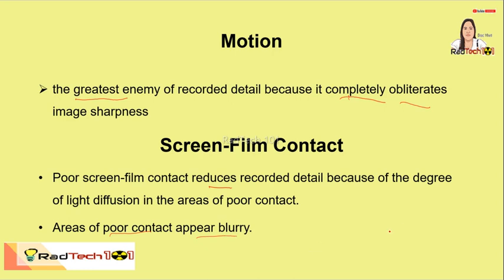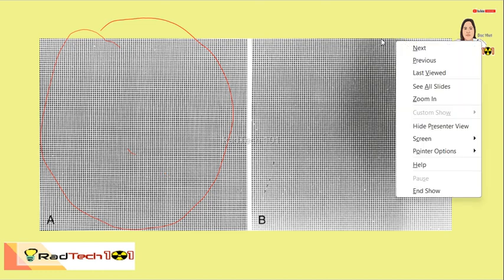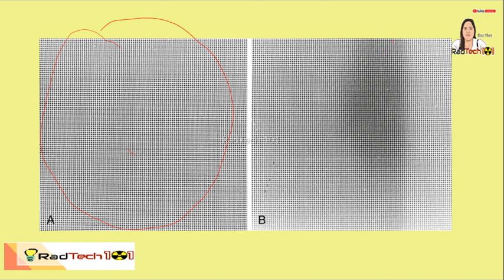The contact of our screen and our radiographic film must be uniform all throughout the entire cassette or the entire IR. Because if not, this can happen. Here, this part of the screen is okay, while in this part, for example, the screen film contact is not even, so some parts can have increased density.